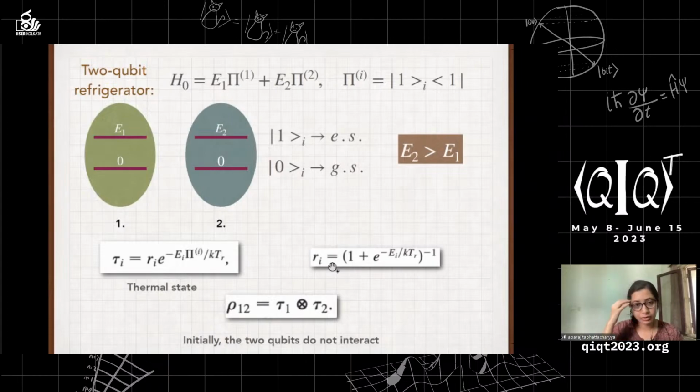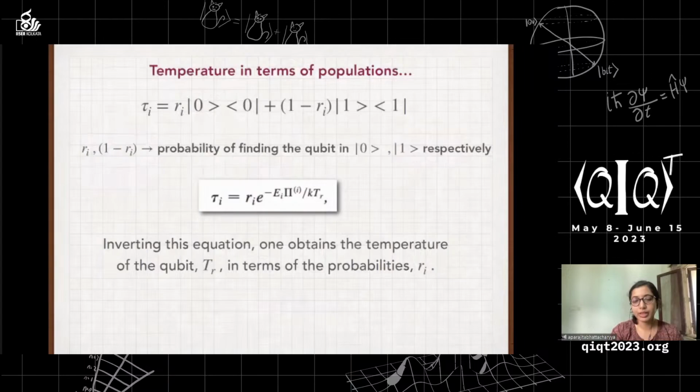Now in this model they define the temperature of the two qubits in terms of the populations of the ground state energy level. This is the definition of temperature used in Popescu's paper.